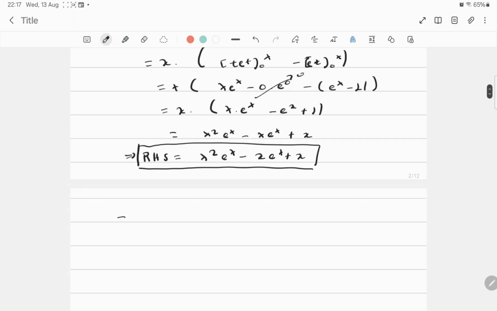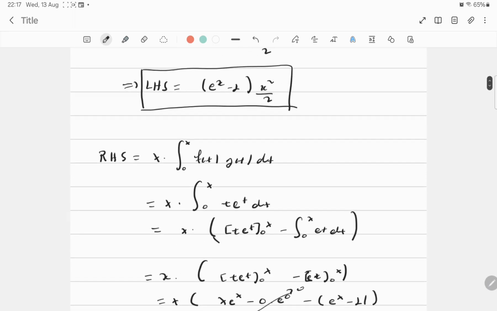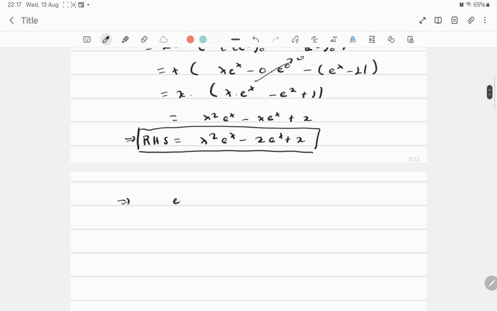Let's put the inequality together. The left hand side, e to the power of x minus 1 times x squared over 2, is less than or equal to x squared e to the x minus x e to the x plus x.